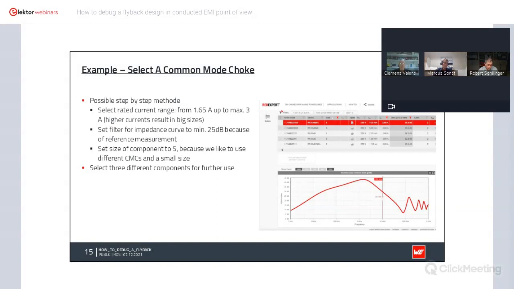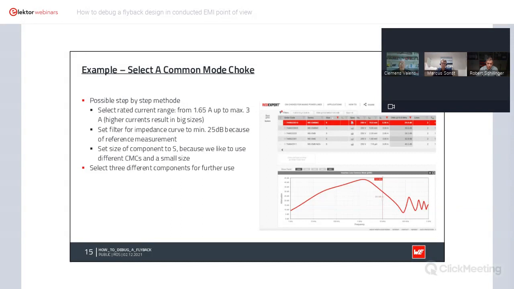To get a small component, I set only S components, S for small, so enough for the current but not so big a component. At the end, I get in sum 5 parts which will fit my needs.